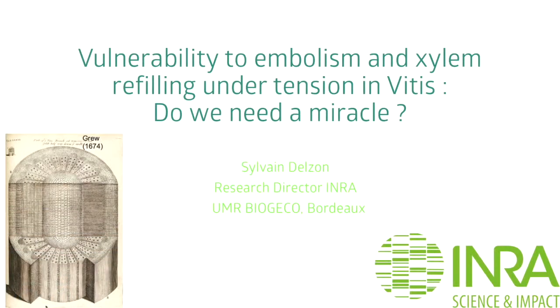Many people think that the plant cavitates daily. You will see that this conception can be shaken and completely reconsidered. So that's why the title is Do We Need a Miracle? Right now the lack of consensus is about whether cavitation is happening.